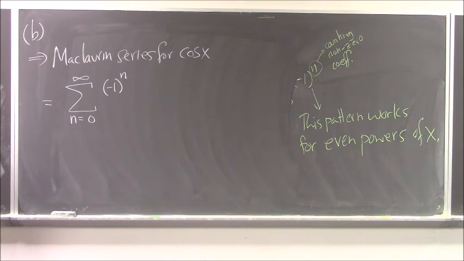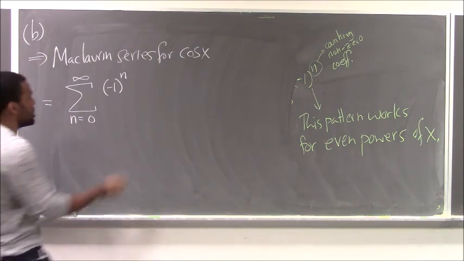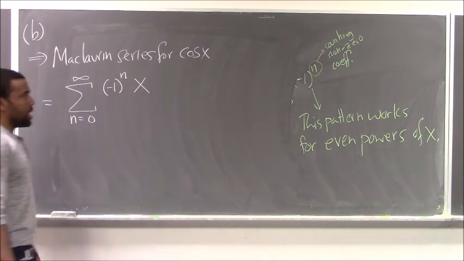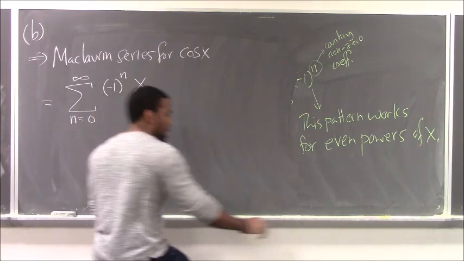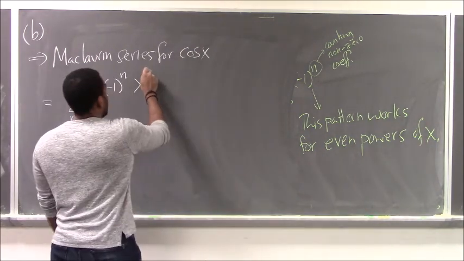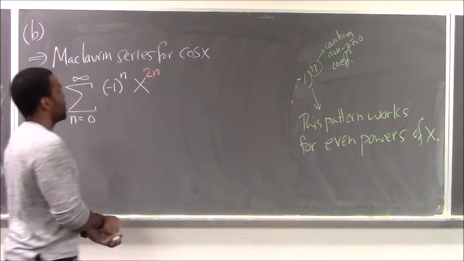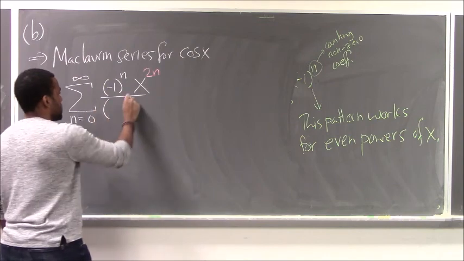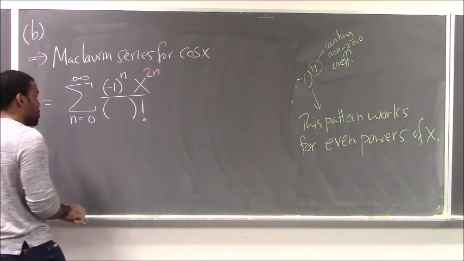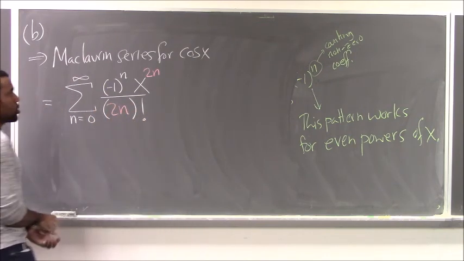But we know that it only works where n is an even power, where only the even terms follow this pattern. So instead of writing x to the n, I can write x to the 2n. And then to show that it only works for even numbers, in the denominator I write 2n factorial.